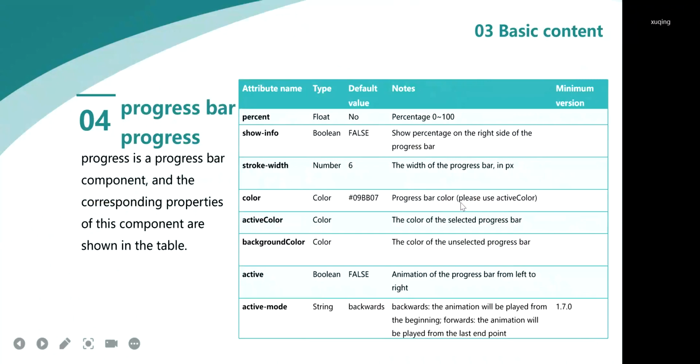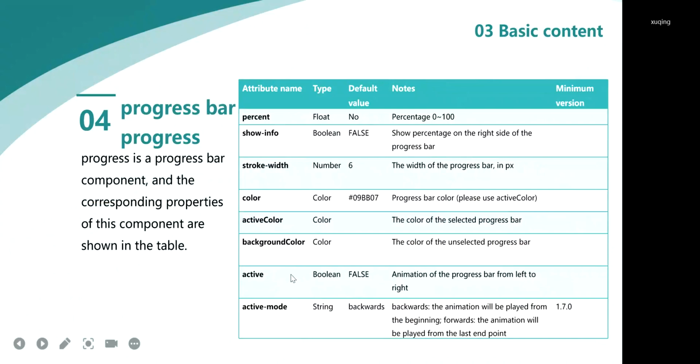We use active color. Active color is the next attribute of progress. The type of it is also color. It represents the color of the selected progress bar. We have the background color. It's the color of the unselected progress bar.